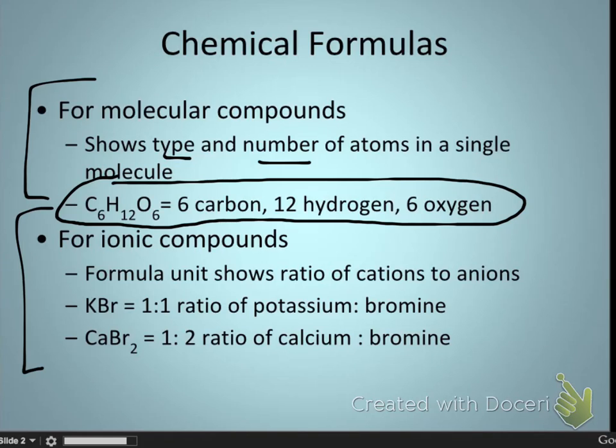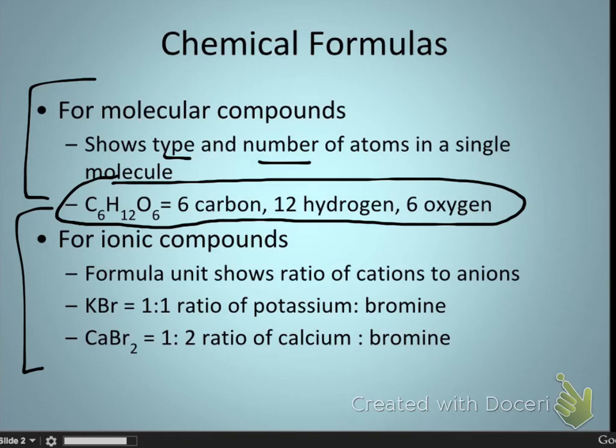And I think you all get that, you all know that. For ionic compounds, it's not like that. So for ionic compounds, because there is no discrete unit, it's a giant cluster of positive and negative ions all hanging out shoulder to shoulder.